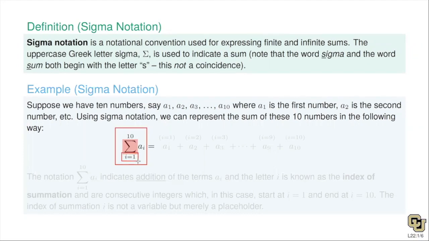This is the starting point of our addition. I will start at 1. And i is called the index, and I will end at 10. So that's a starting point and ending point. The final question is, okay, what are we adding? That's written right here. The A sub i indicates exactly what we'll be adding.